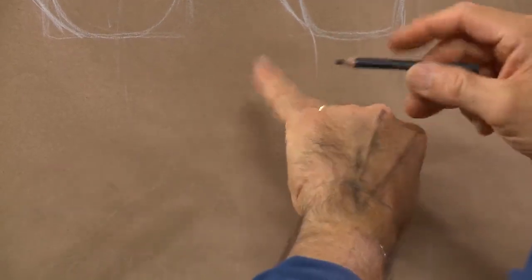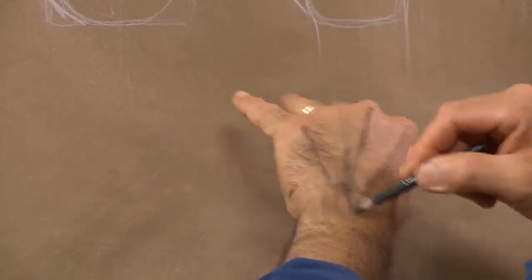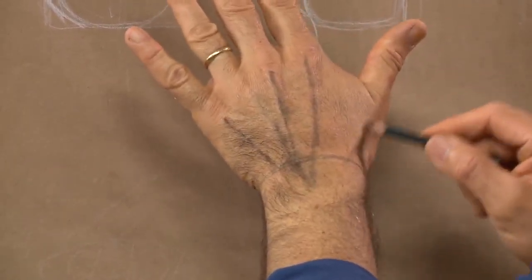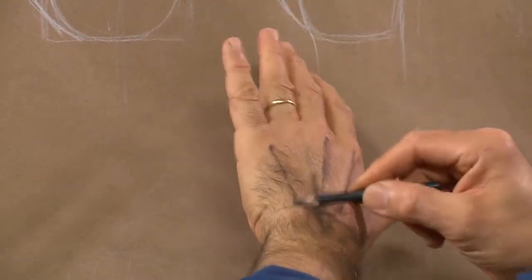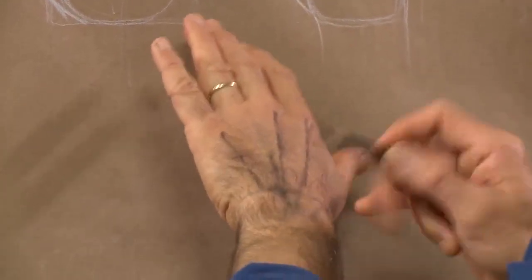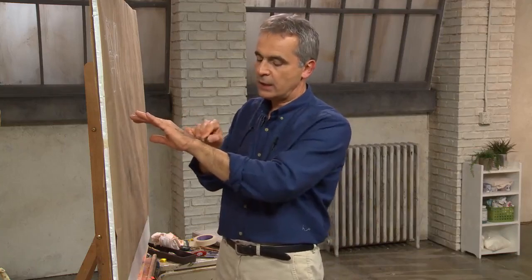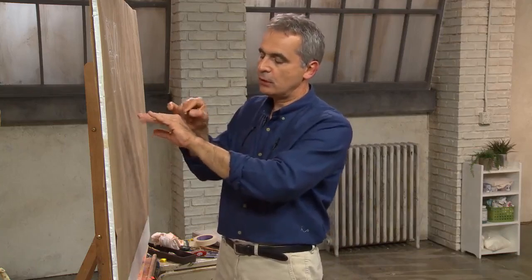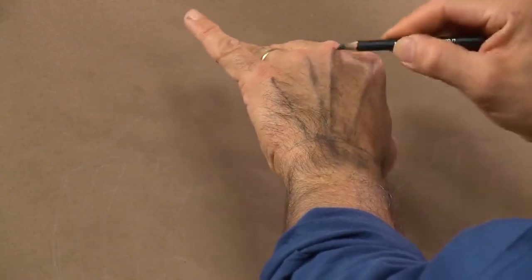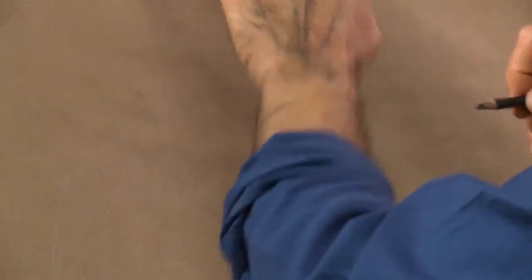Doesn't really matter exactly how much, but all these lines are going to converge in a point below the wrist, because in here I'm going to have a thick tendon that eventually divides into the single tendons that go to the individual fingers.